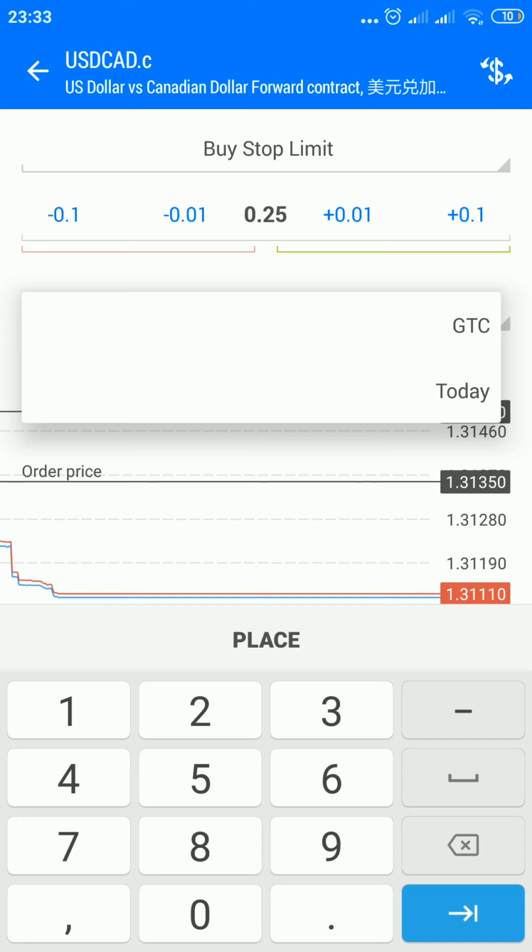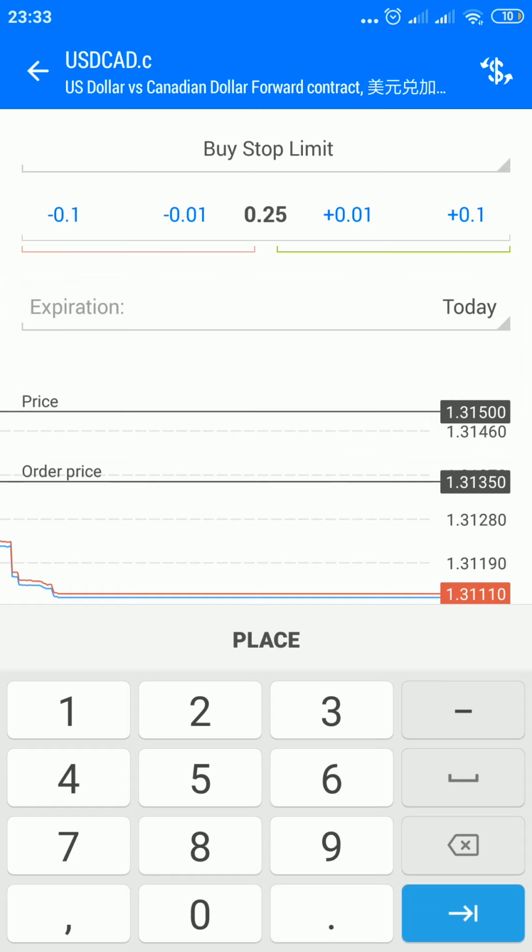You get 10, 20 pips, it's not really moving, and you expect it to break out of that channel. So you might want to trade with a buy stop, sell stop, or buy stop limit or sell stop limit. First you would expect that channel to break before opening any positions. However, you might also want to limit that position to be only valid for today.